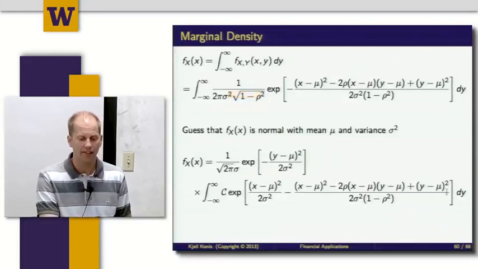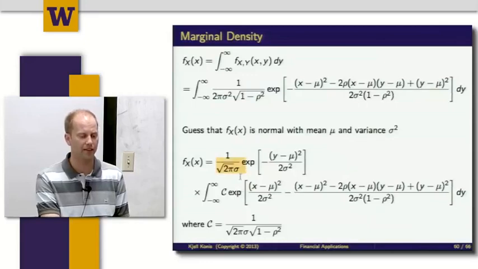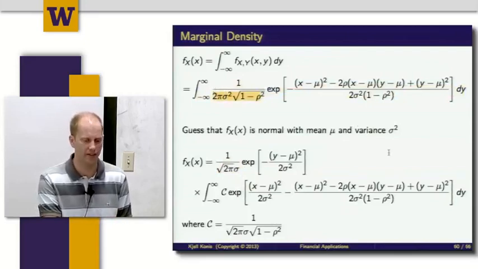And then I have all of this stuff left over. And so I need to somehow show that this integral from minus infinity to infinity, this big ugly mess dy, is equal to 1. And so this is what this value of c is equal to. If you multiply this by c, you just get the scaling factor from the bivariate density function.